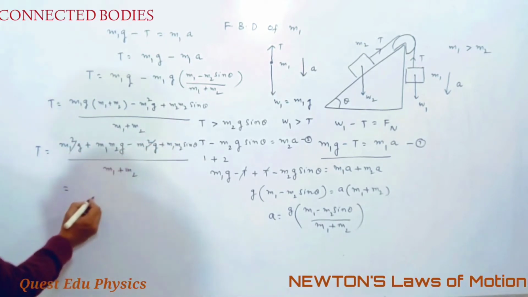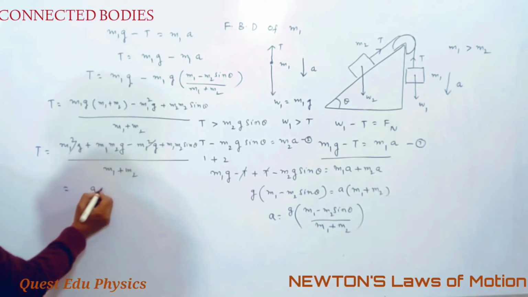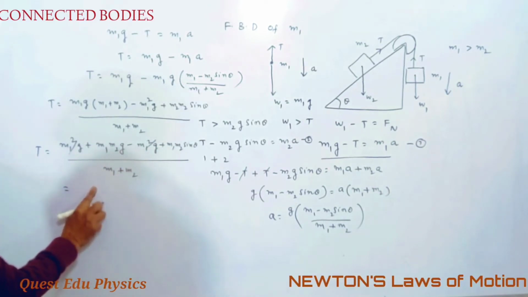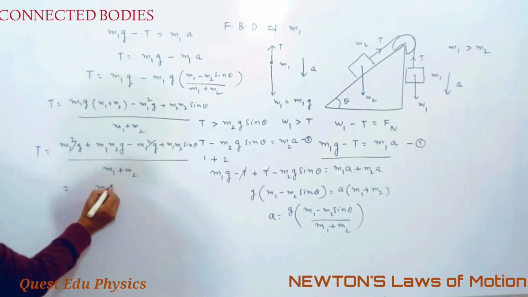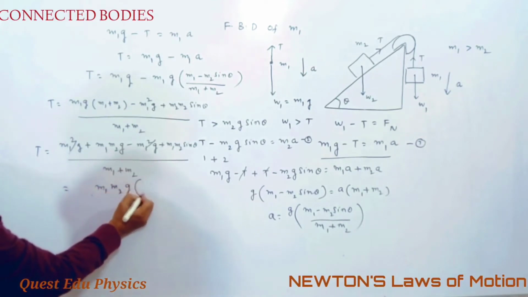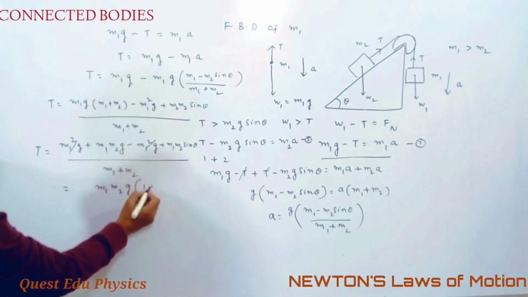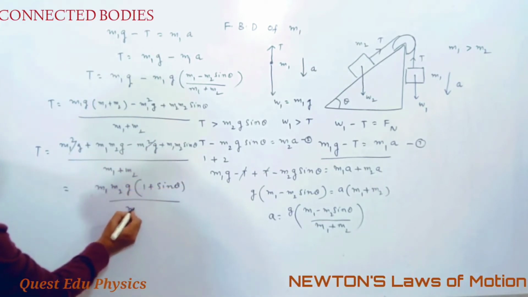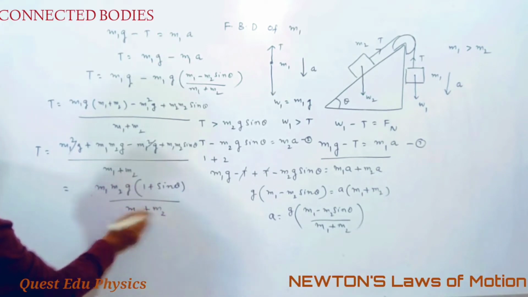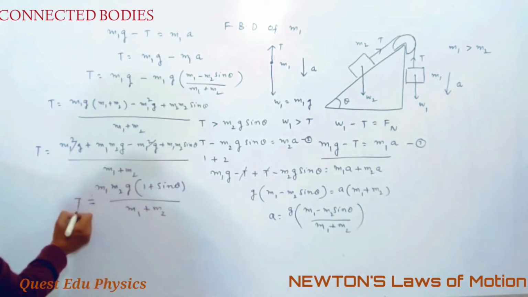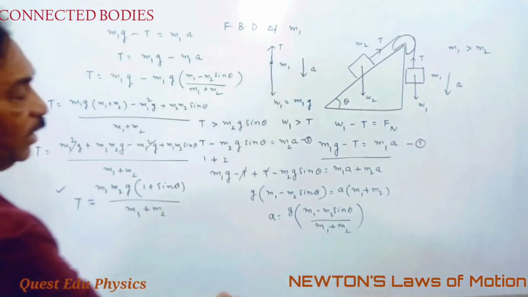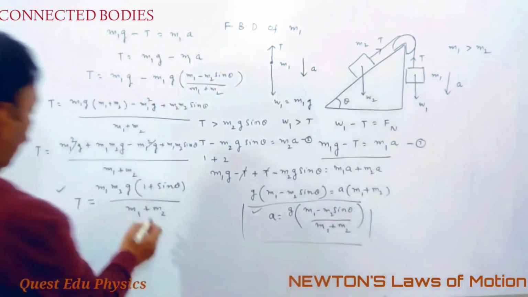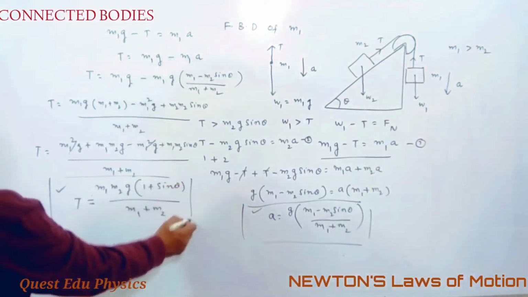What we get? M1 M2 is common. We can write it as M1 M2 G of 1 plus sin theta by M1 plus M2. That is the tension in the string.